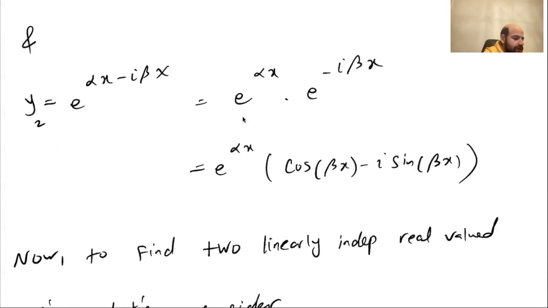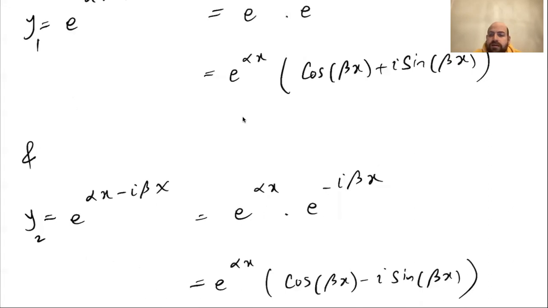What about y1 minus y2? This guy minus this guy. So these will cancel out, and I'll get 2i sine beta x times e to the power alpha x. Not real valued, but if I divide it by 2i, it will become real valued.